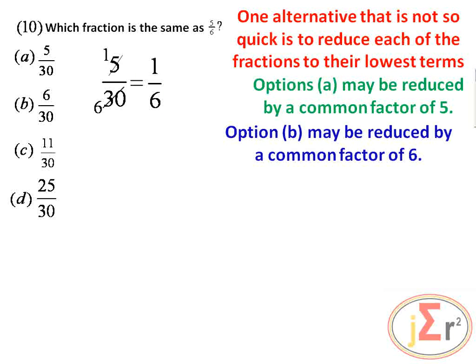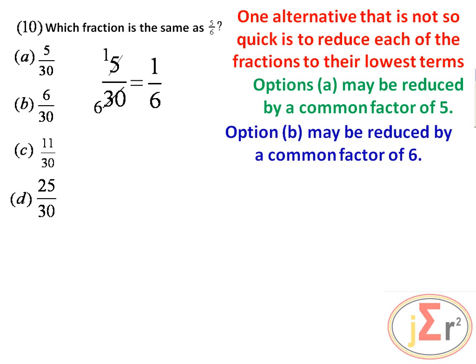Option B may be reduced by a common factor of 6. How do we know that we may reduce option B by a common factor of 6, Jerry? Because 6 into 6 goes 1 time and 6 into 30 goes 5 times. Because 6 can actually go into the numerator and the denominator. It is a common factor of both.